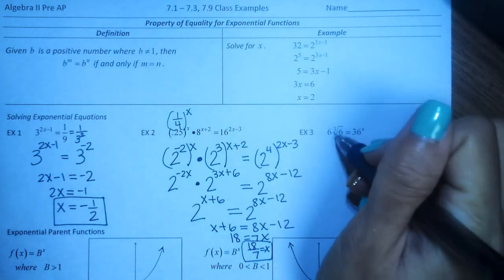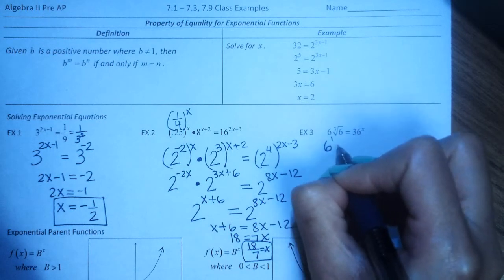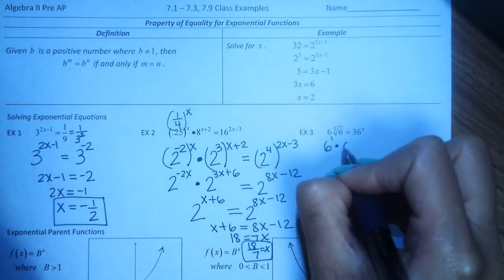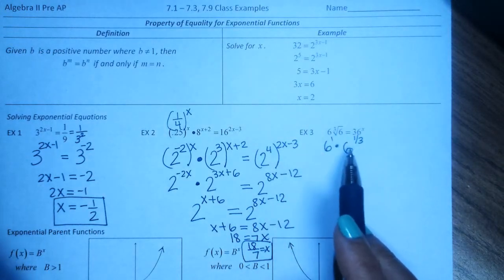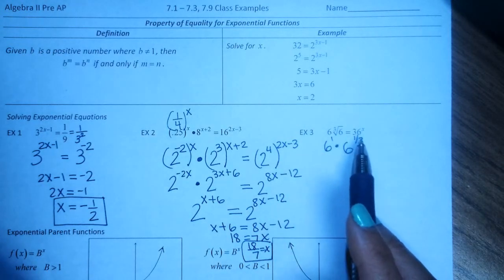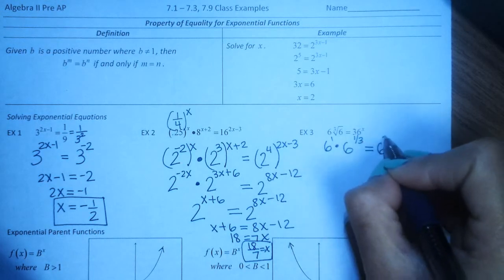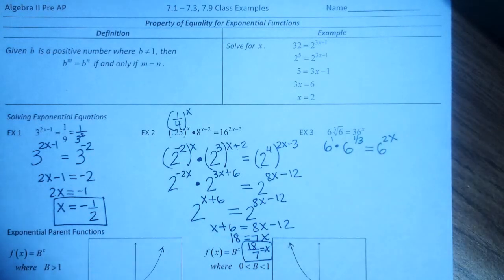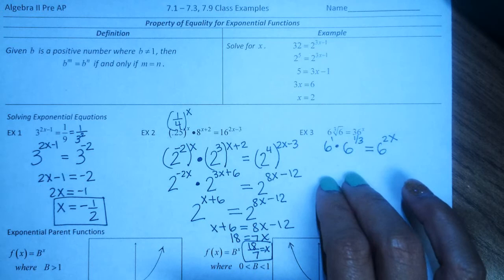Rewrite everything to a base of 6. So 6 to the first times 6 to the 1/3. The cube root of 6 can be written as a fractional exponent of 1/3, equals 6 squared. Now we need to combine all the bases into one single base before you move on.